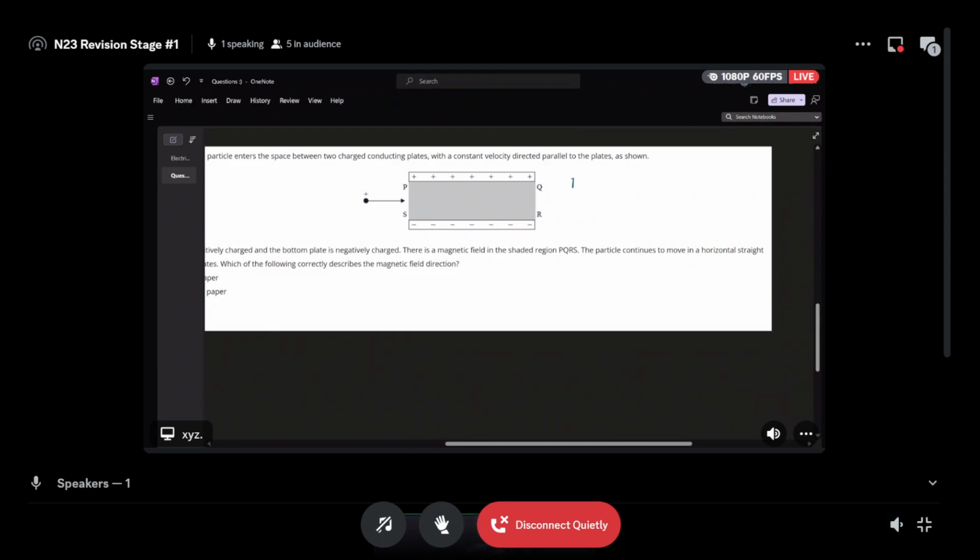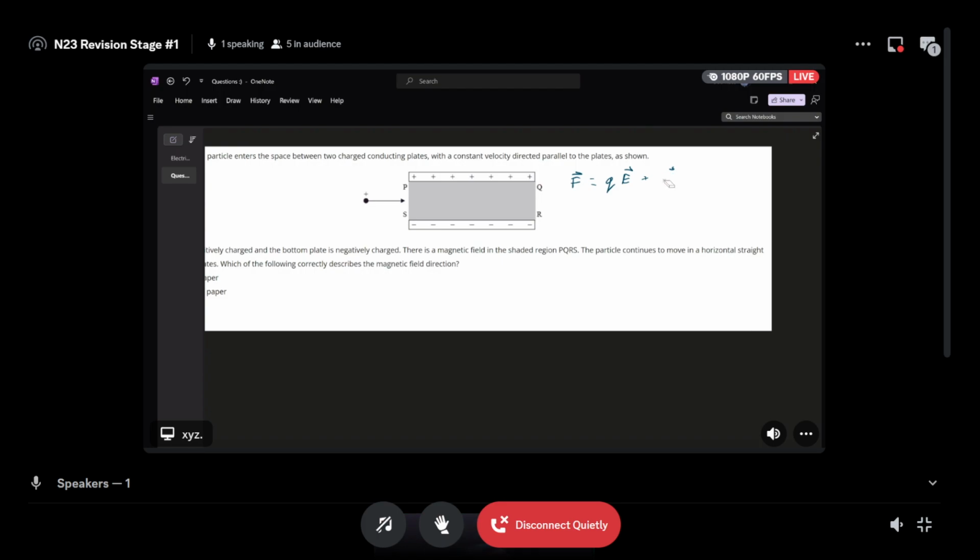Okay, so before we said that what forces will this particle experience? Well, it will first experience an electrostatic force because of the plates, and then it will also experience some magnetic force.